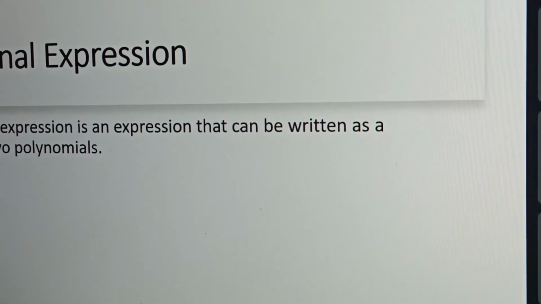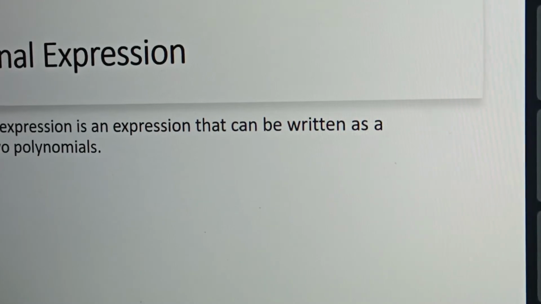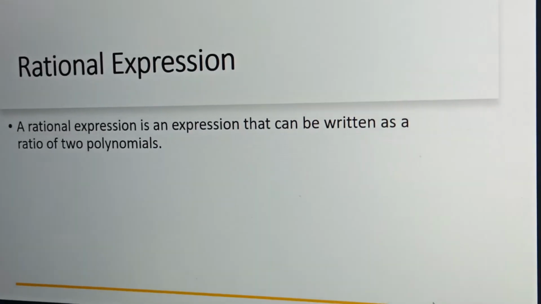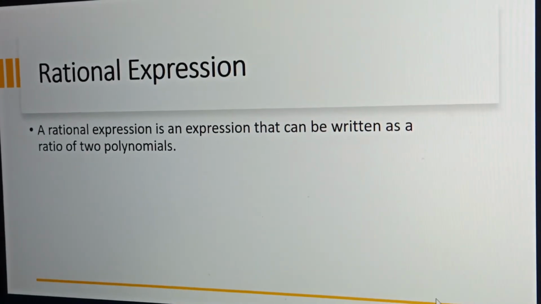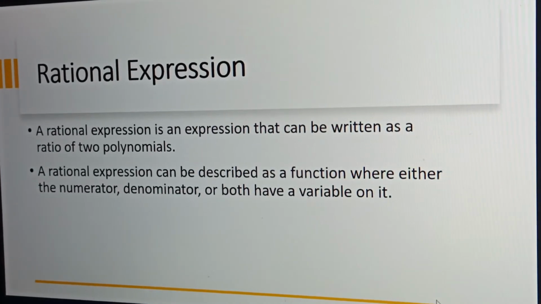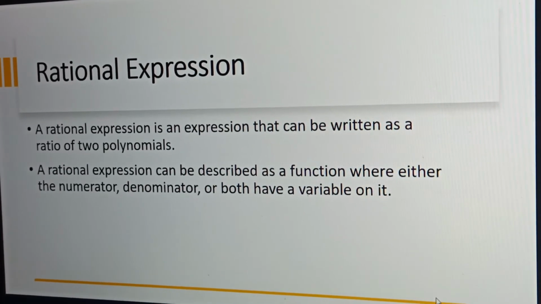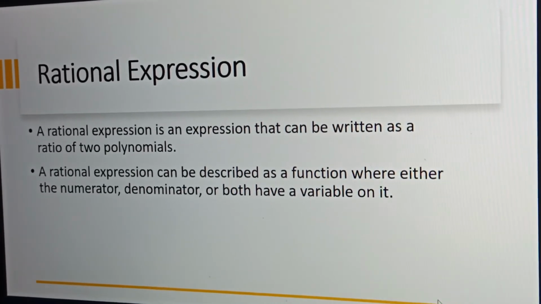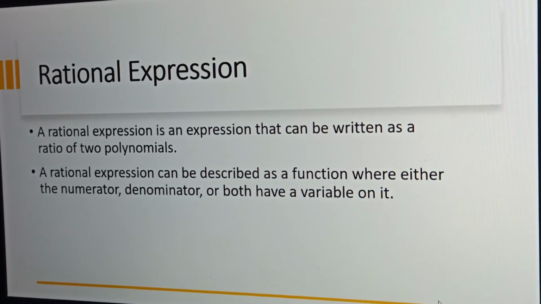Okay, so kapag sinabi naman natin, it can be written as a ratio, automatically, it is in the form of a fraction form. Okay, and the next one is a rational expression can be described as a function where either the numerator, denominator, or both have a variable on it.